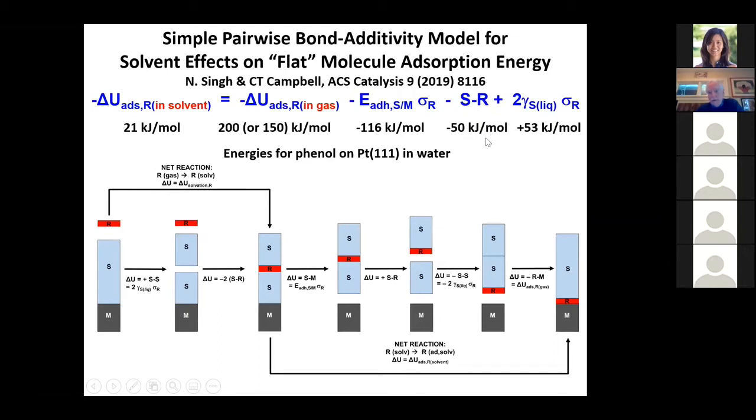I showed you that in the last slide. And the surface energy of the water on the surface area of the phenol is about 50 kilojoules per mole. So we sort of know all of these numbers, and we can compare this side with that side to see if they sum up to be about right.